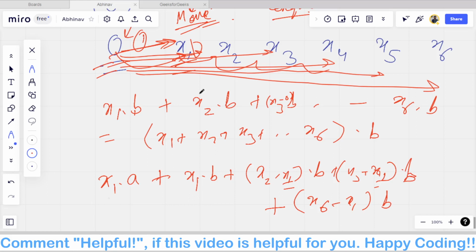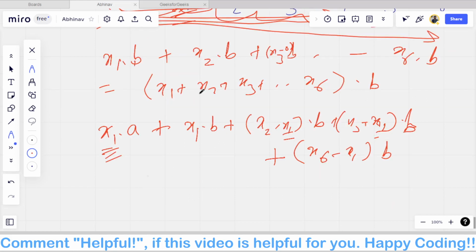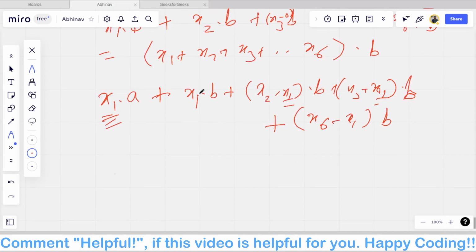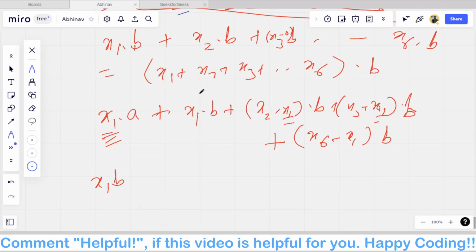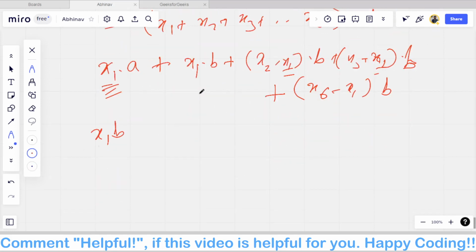For example, if we are now at x2, how much is required? It requires x1b to conquer the first kingdom, obviously. Then x1a to reach there. Then (x2 minus x1)b to conquer that particular kingdom. Then (x2 minus x1)a to reach there.